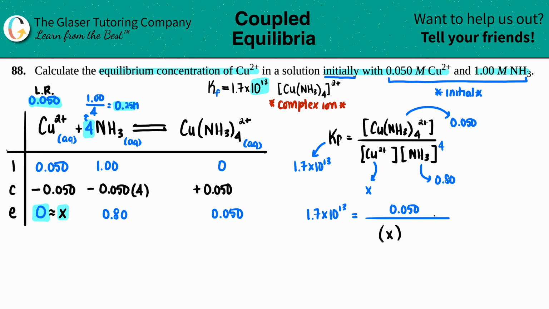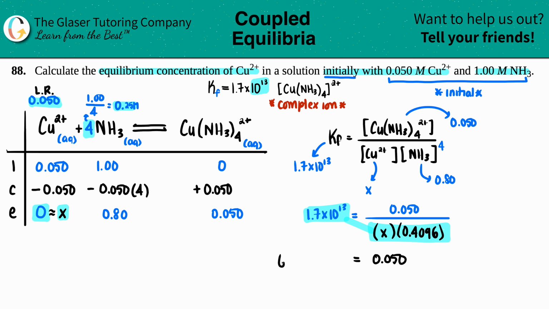So I'm just going to erase this. We're simplifying now. This is basically times 0.4096. So what I can do is just cross multiply, right? So I'll take this value on top and multiply it by the number on the bottom. Okay, we're getting close. So this is going to equal the 0.050. And then I have that number times 1.7 times 10 to the 13th.